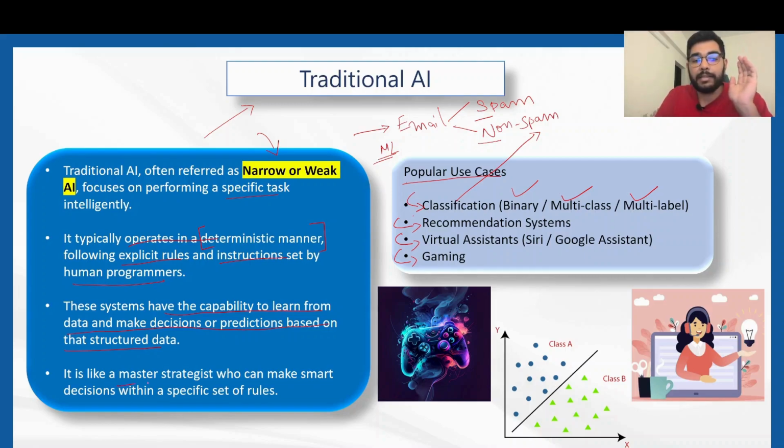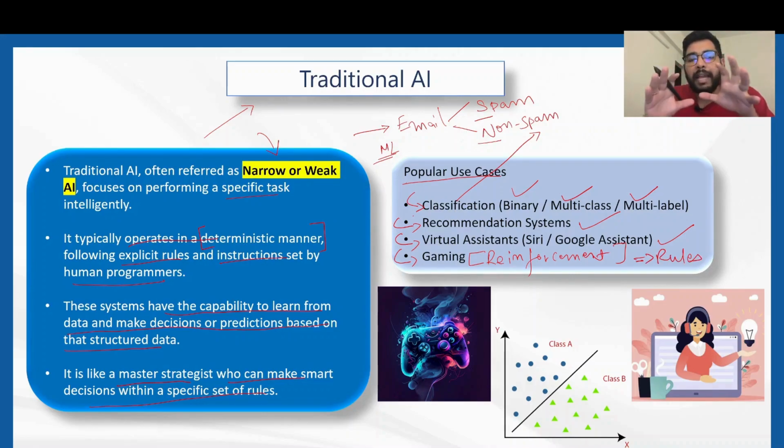It is like a master strategist who can make smart decisions with a specific set of rules. Every machine learning model, recommendation system, virtual assistant, or gaming platform which works on reinforcement learning works on a specific rule set.